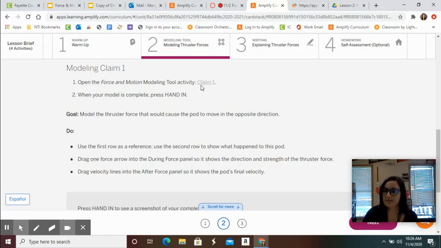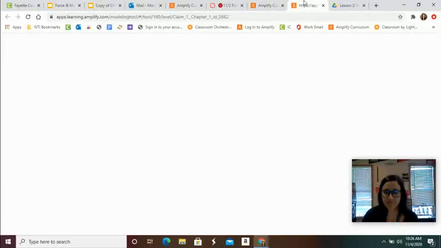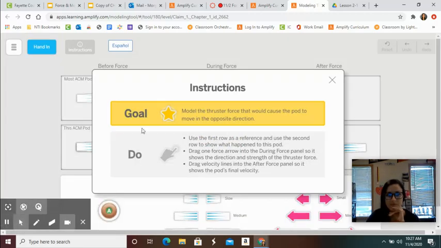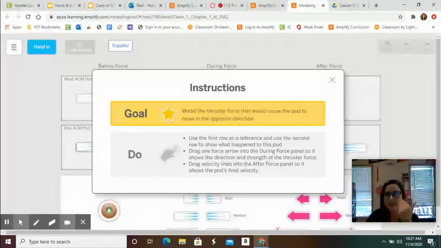The idea is that you're going to use the modeling tool to model claim 1, which showed that the pod moved in the opposite direction because the thrusters were not really working properly.